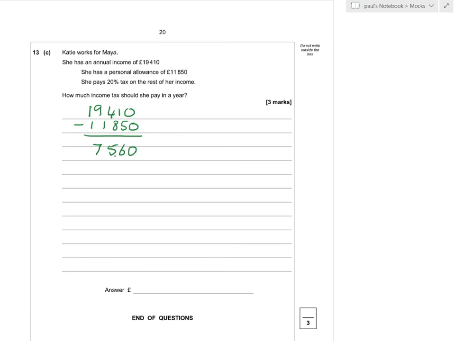So on that, she's liable for tax at 20%. So multiply that by 20 over 100 and we'll find out what the 20% is. 7560 times 20 divided by 100 is 1512. So she should pay 1512 in tax. And there's the end of the questions.